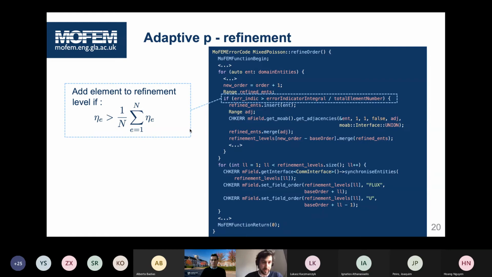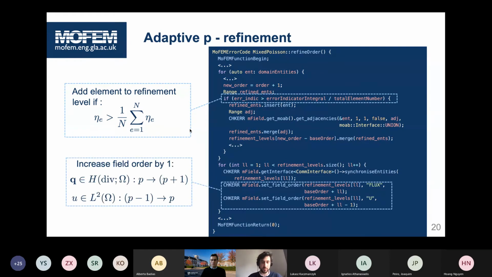If this value is greater than the mean value of the whole domain, then this element should probably be refined. So it's added to the list of the elements to be refined. And when we have checked all the elements in this way, we loop through the list of elements which were marked to be refined, and we increase their order consistently by 1, such that the conditions continue to be satisfied.